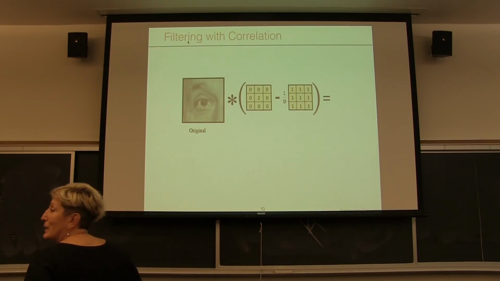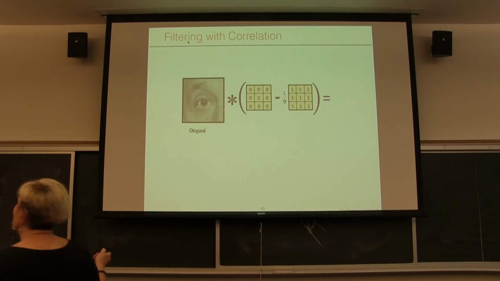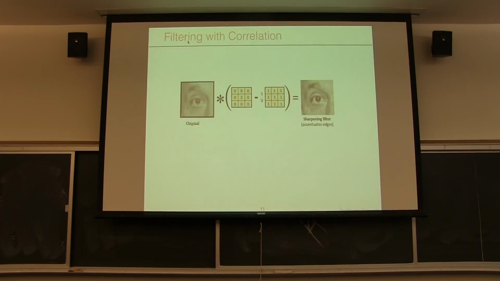But it has a minus sign on it. Sort of. So this is a sharpening. This guy over here, first of all, is boosting the center, making it higher. And then I'm subtracting an average of my neighbors. So I'm making myself more important with respect to my neighbors. So it is a sharpening filter that will accentuate my edges.